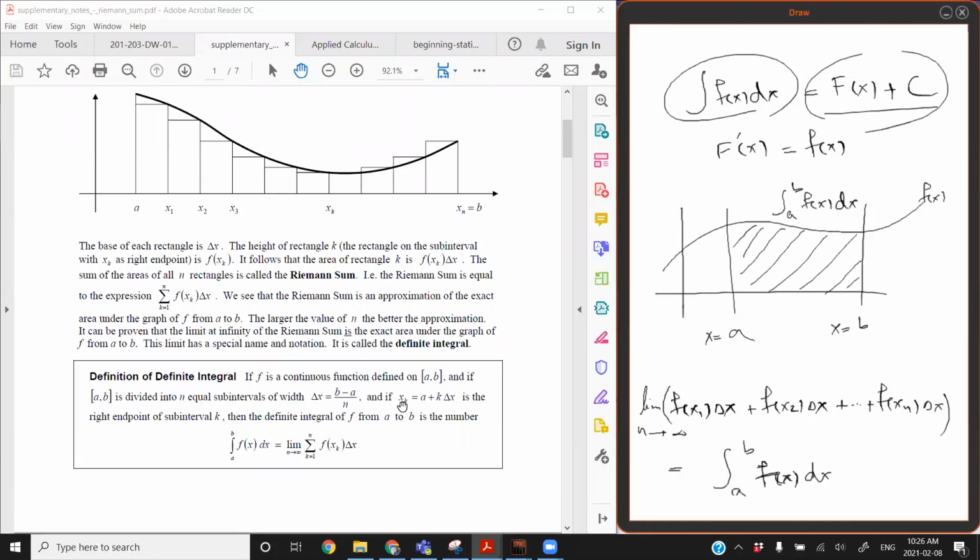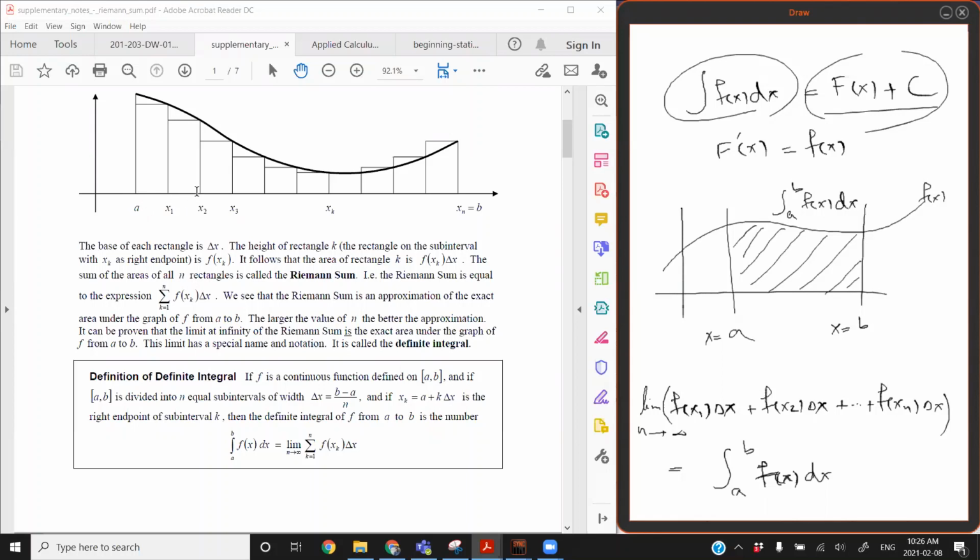Because, for example, x0 is going to be the same as a. Then x1 is going to be a plus 1 delta x. x2 is going to be a plus 2 delta x's.